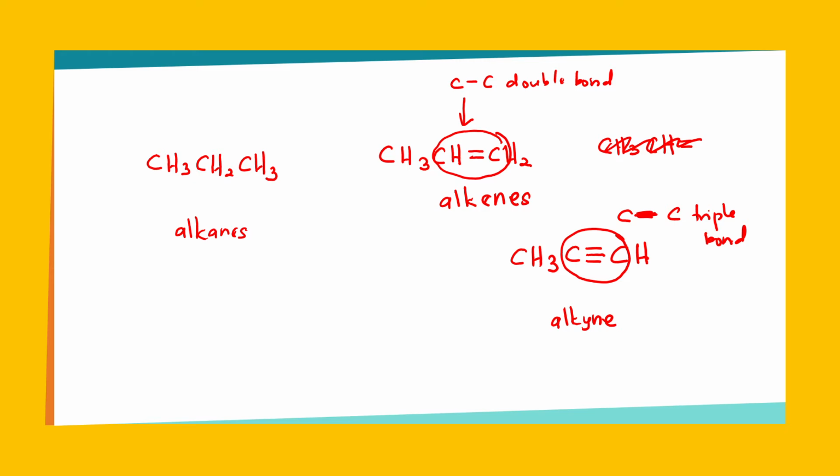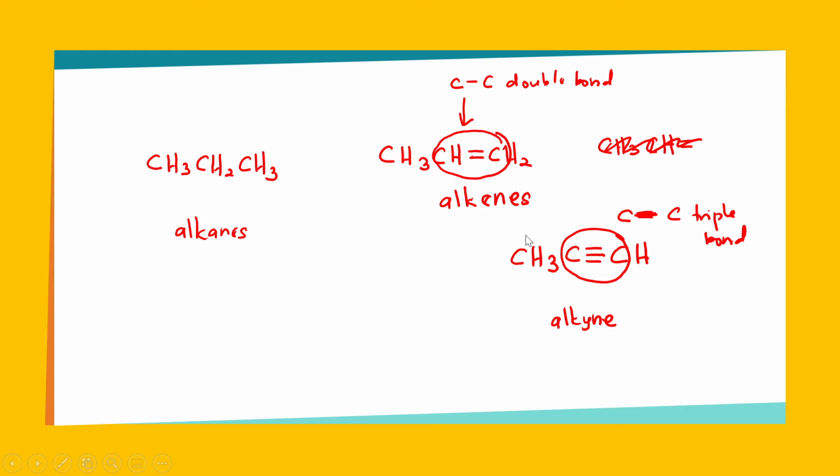Okay, so this is the first example, the difference between alkane, alkene and alkyne. So alkane does not have a functional group, but alkene and alkyne have a carbon-carbon double bond or carbon-carbon triple bond, meaning that the reaction will occur at this carbon-carbon double bond or triple bond.